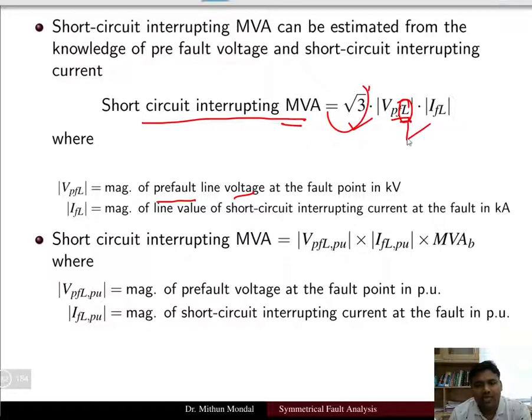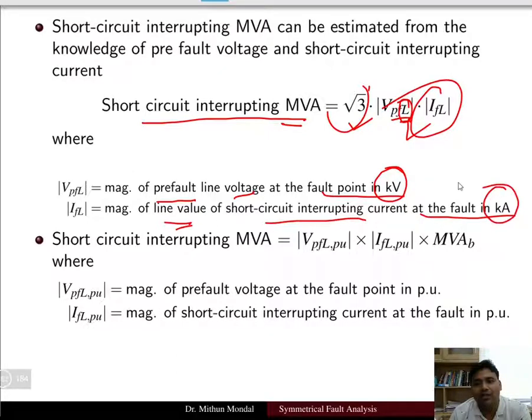So we take the pre-fault line voltage at the fault point in kilovolt, and the current is the line value of short circuit interrupting current at the fault in kiloampere. Voltage in kV and current in kiloampere give a power rating in MVA.